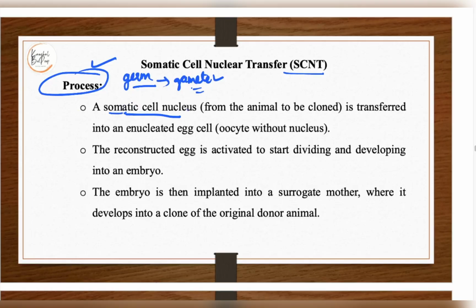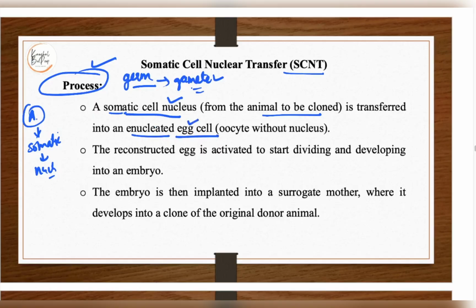A somatic cell nucleus is taken from the animal to be cloned. For example, this is animal A and you want to clone it, so you take a somatic cell from this animal and from that cell you take the nucleus. It is transferred into an enucleated egg cell.